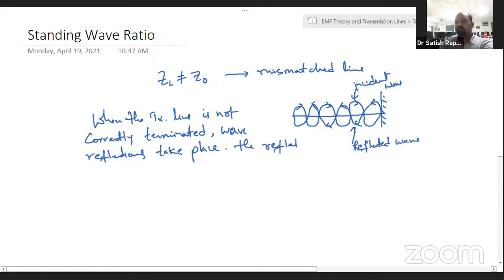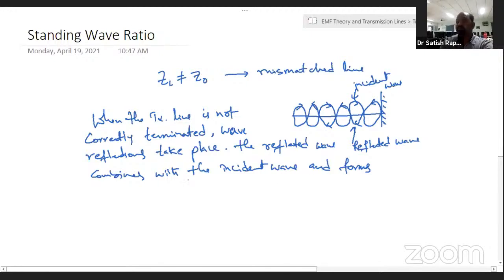The reflected wave combines with the incident wave and forms standing waves.